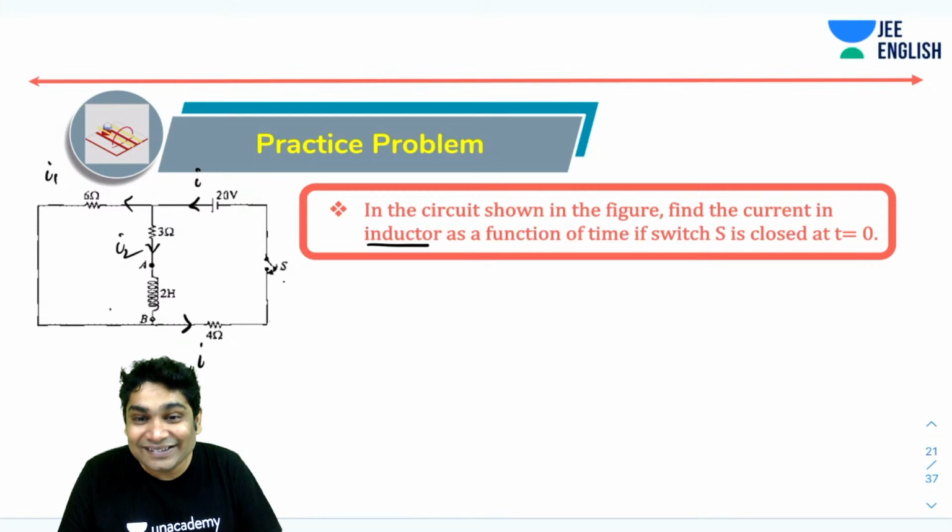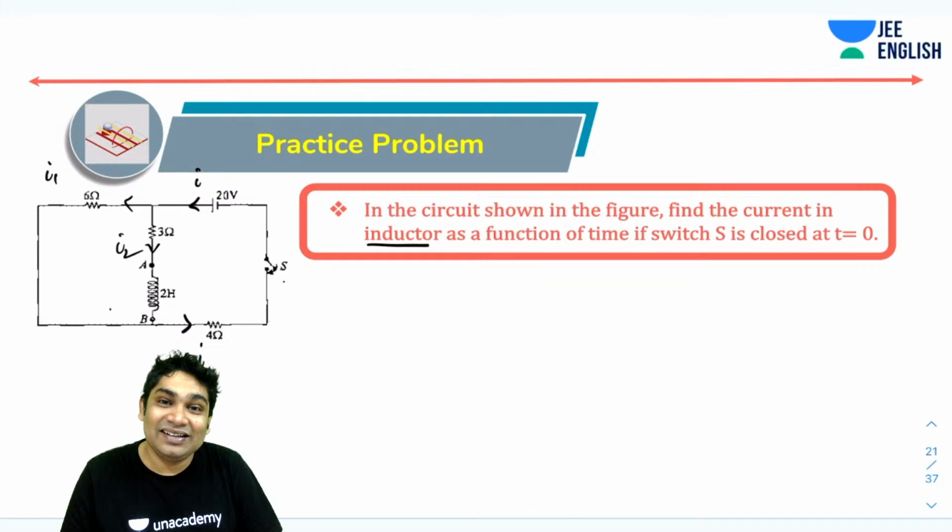Okay, all right. Tanya has also given an answer: 2.22 times 1 minus e to the power minus 2.7 times t. Maybe that may be correct.